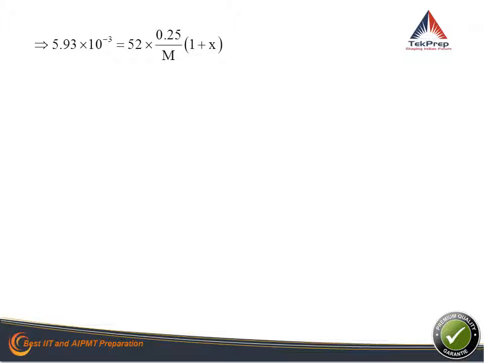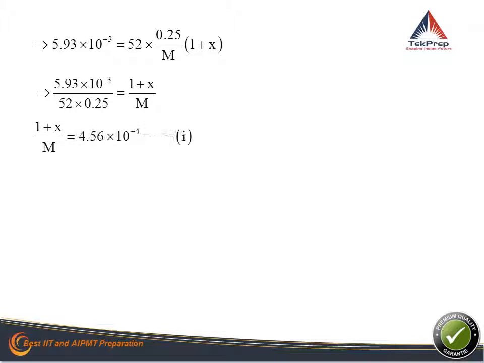On simplification, we arrive that (1 plus x) by M equals 4.56 × 10^-4. Let's take that as equation 1.